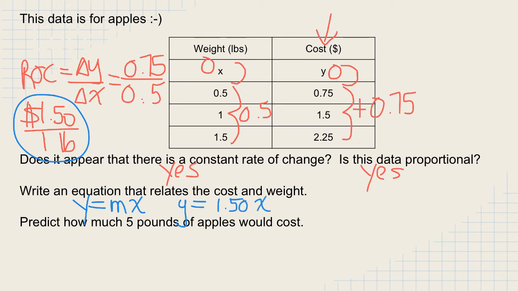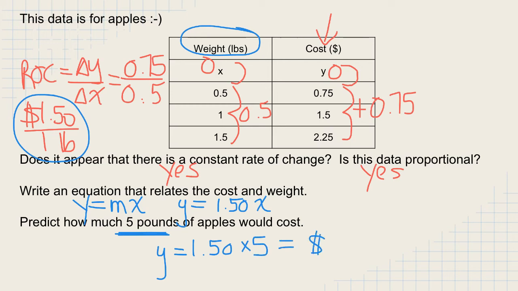And so now that I have that, I can start substituting. I have to remember the weight is the X number. So the cost of the apples would be $1.50 times, in this case, 5, which would cost $7.50.